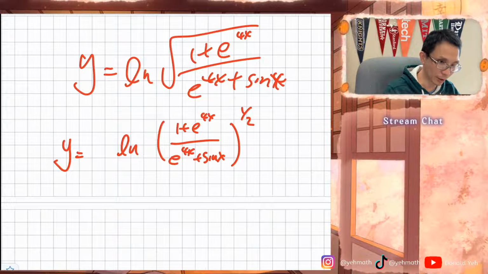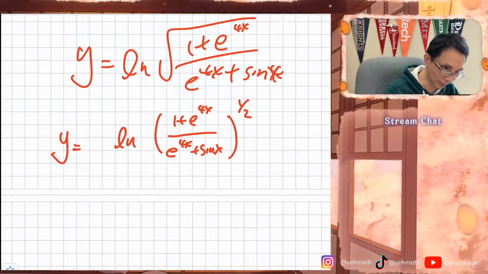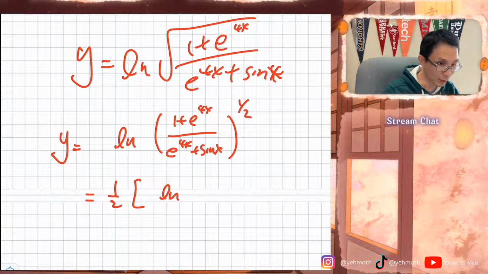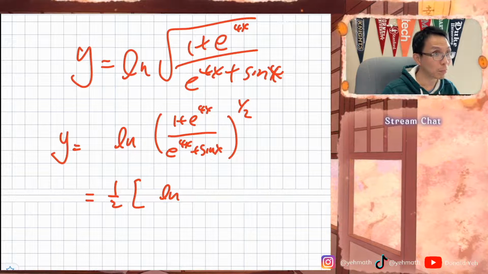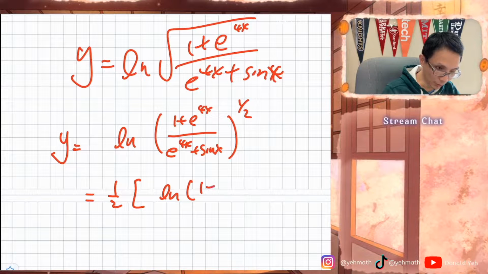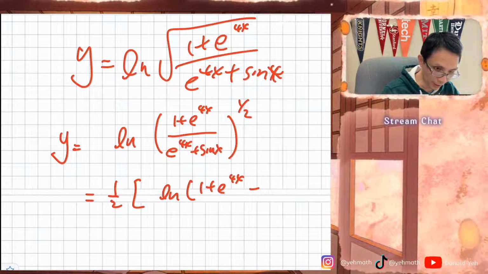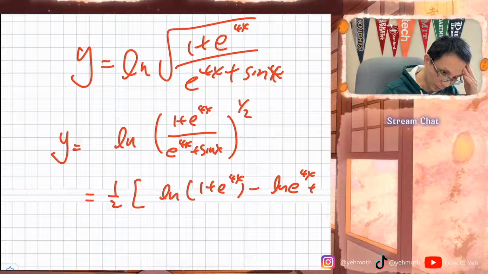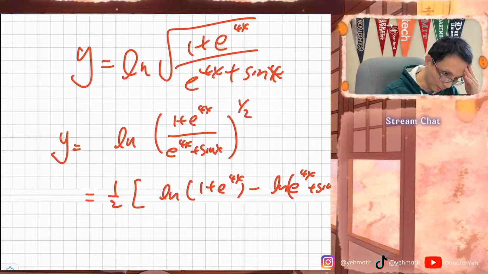Yes. Okay, good. So can you move the 1/2 to the front, right? And because it's a division, this can be split: 1/2 times ln of 1 plus e to the 4x, minus ln of e to the 4x plus sine of x. Does that make sense?